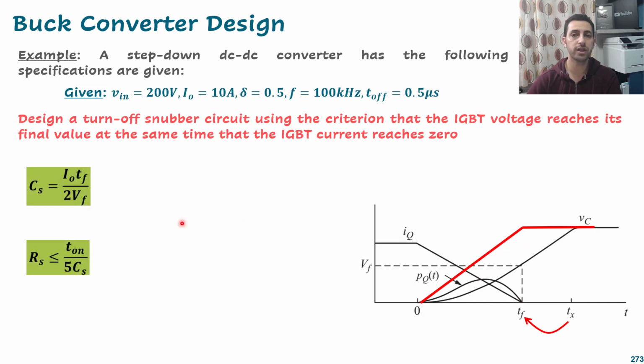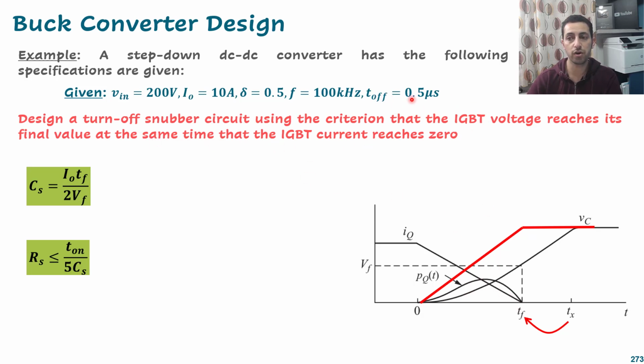So now we will recall the equations for the CS and RS. For the CS, we have I output as 10 ampere, and we have TF and VF. What is TF here? We know the switching turn-off time is 0.5 microsecond, so TF will be 0.5 exactly. We can choose 10%, 20% of that 0.5, but it says here they have to be the same.